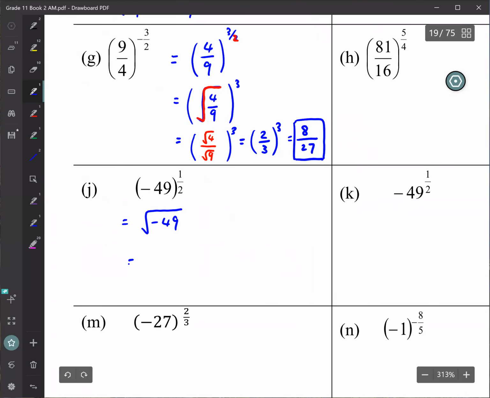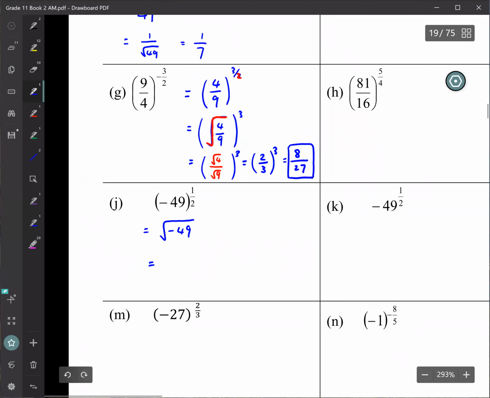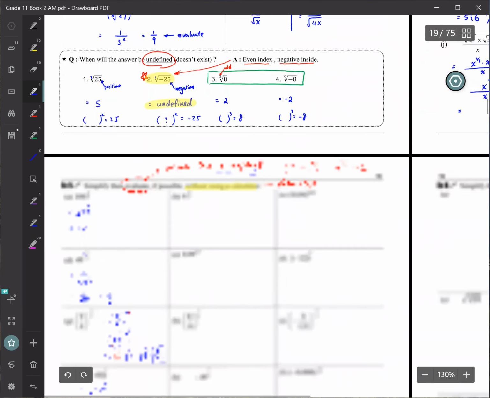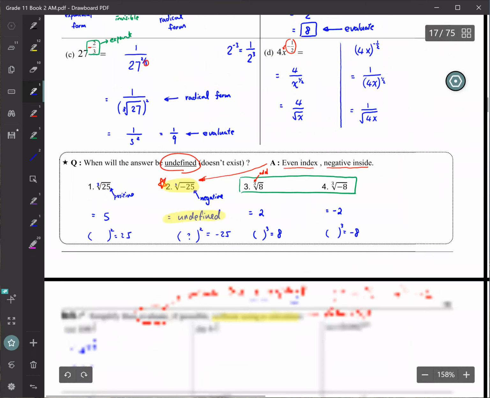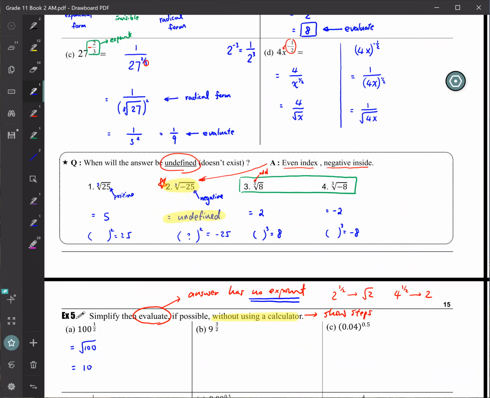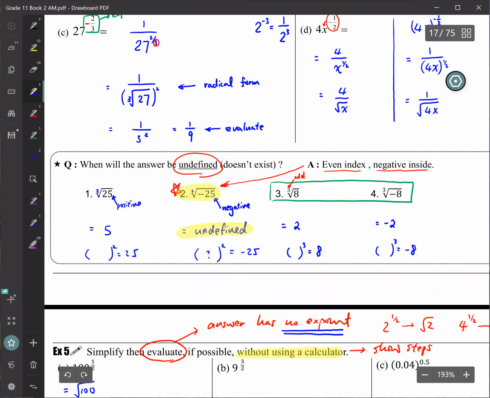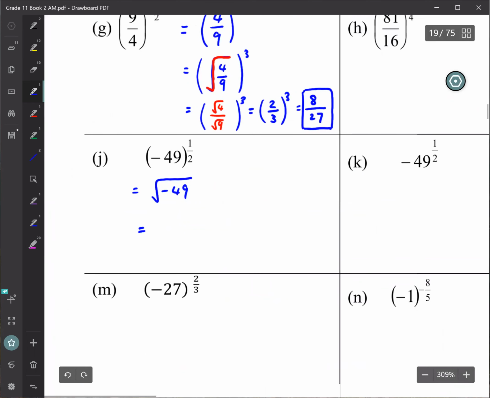If you remember from last time, the one we put a star on, when you get an even index with a negative on the inside, then it will be undefined. You cannot square root a negative number. There's no number that times itself can give you negative 49. So this one, you just say undefined.